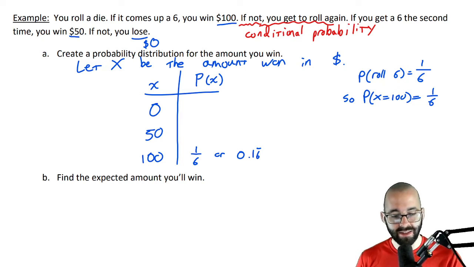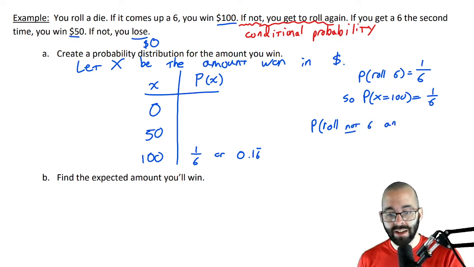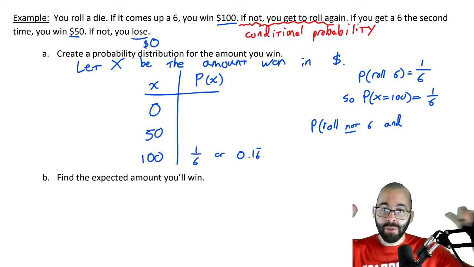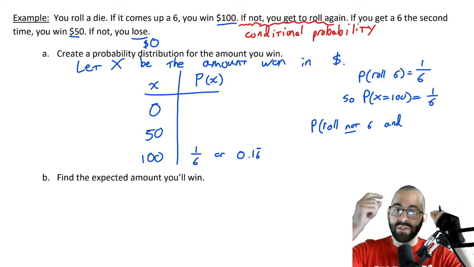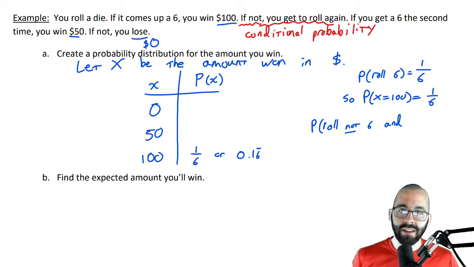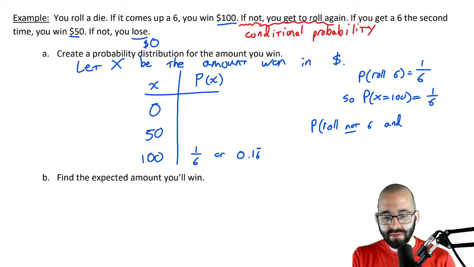What's the probability that this first thing doesn't happen? Roll not a 6. And then, going back to our probability unit from last unit, we have something happen, and then something else happen. It's conditional probability, but they are independent.